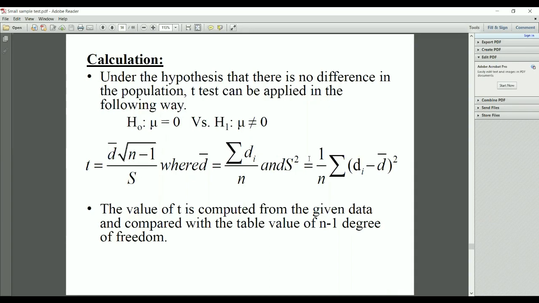So summation of D, or D bar, means the mean of that difference, and the variance is 1 upon n summation of di minus d bar squared. So the value of T is computed from the given data and compared with the table value at n minus 1 degrees of freedom. Because we are considering only one sample here, and d bar is already considered, we lose 1 degree of freedom in the T test. So it follows n minus 1 degrees of freedom.